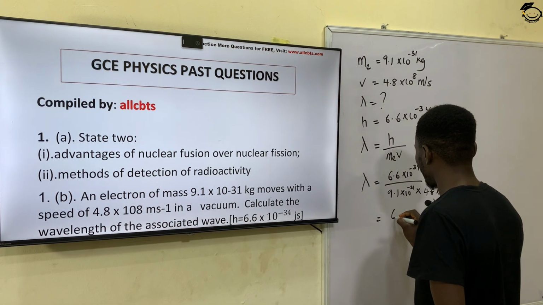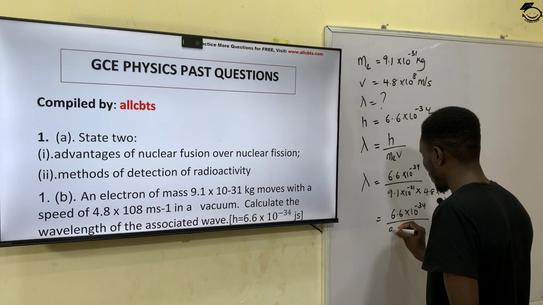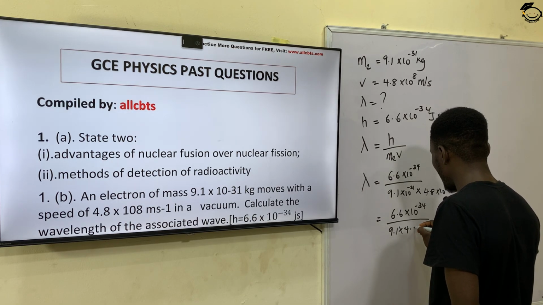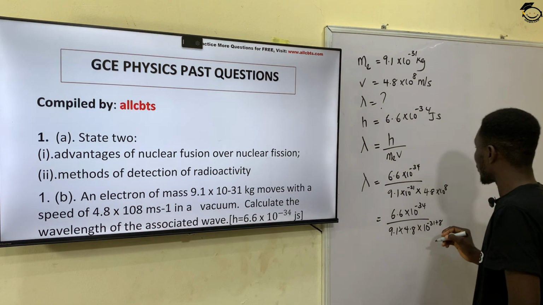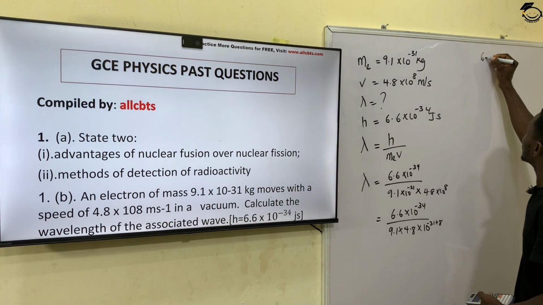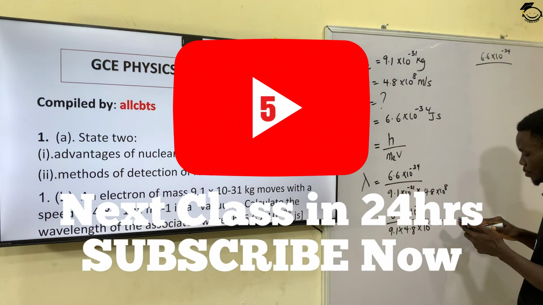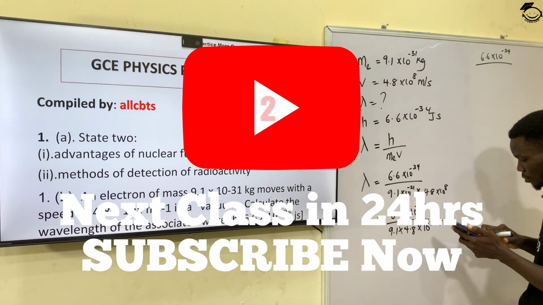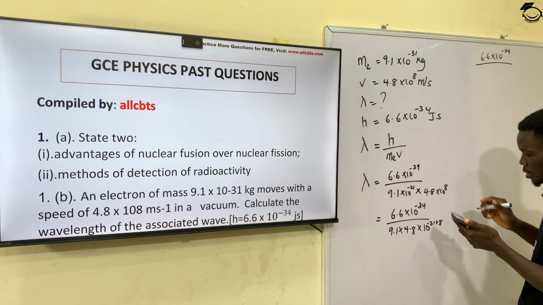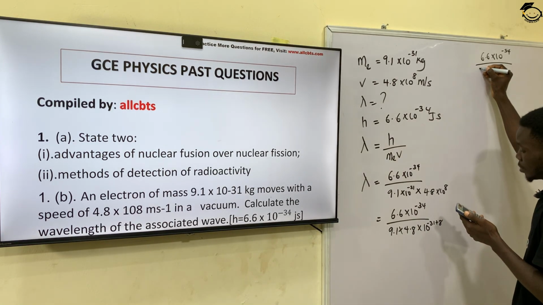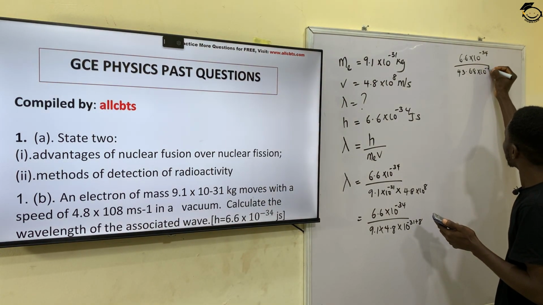So this will give me 6.6 times 10 raised to the power minus 34 divided by 9.1 times 4.8 times 10 raised to the power minus 31 plus 8. So that will give me 6.6 times 10 raised to the power minus 34 divided by 9.1 times 4.8, which is 43.68 times 10 raised to the power minus 23.